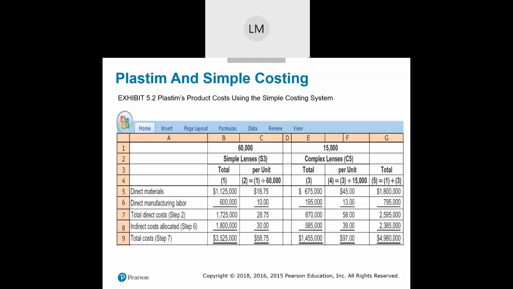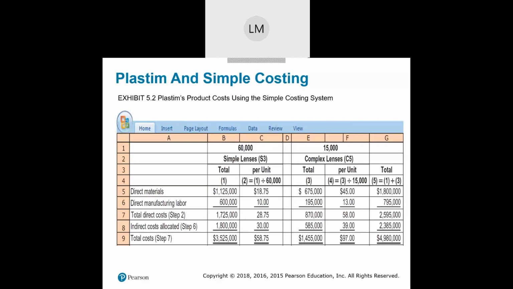So our total direct costs, or our prime costs, are $28.75. Then we have indirect costs allocated $30. Now, how do we get $30? Well, if we look in the book, for Plastum, we expect to use 30,000 direct labor hours for the making of 60,000 units.